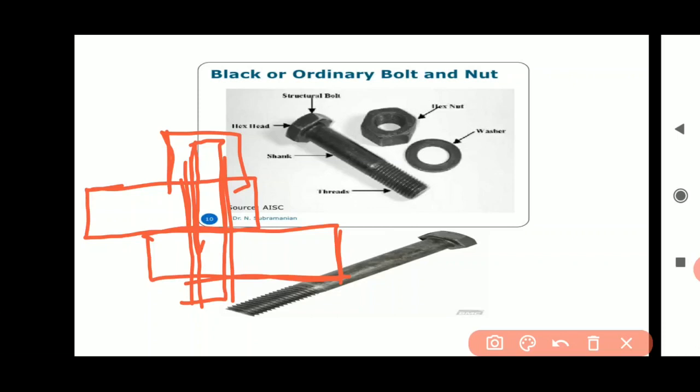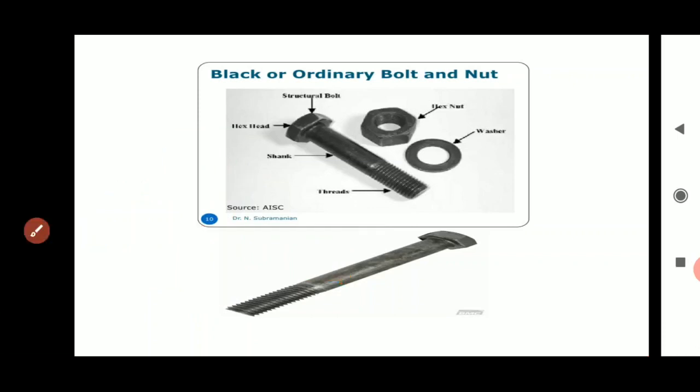So the connection is loose. If these bolts are used in a connection where the members are subjected to dynamic loads, then due to the vibration the connection will become more loose.